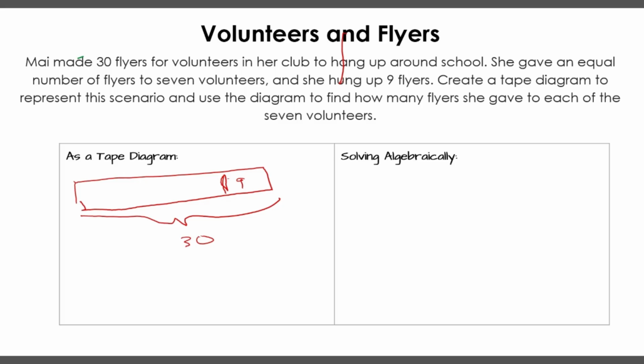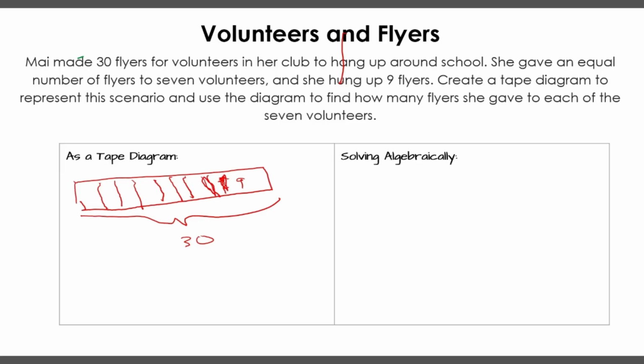Then I'm going to divide the remaining part into 7 sections. So 1, 2, 3, 4, 5, 6, and 7. And assuming all the sections are equal.